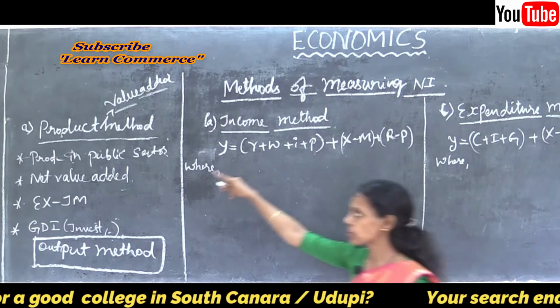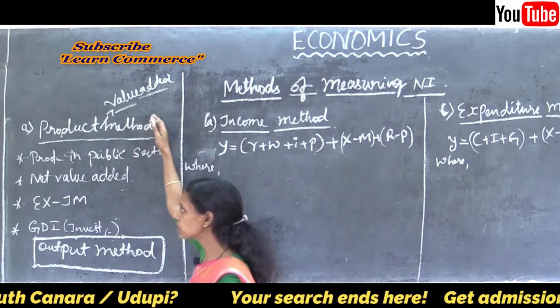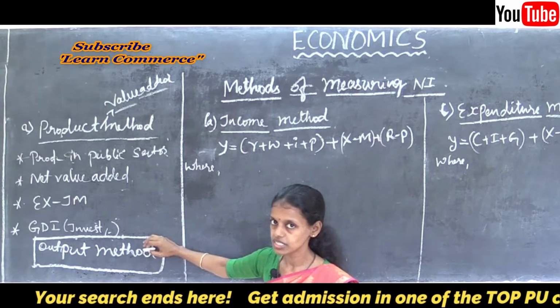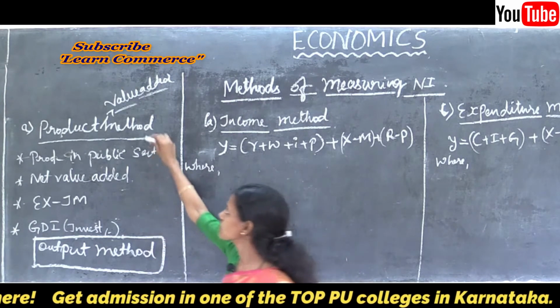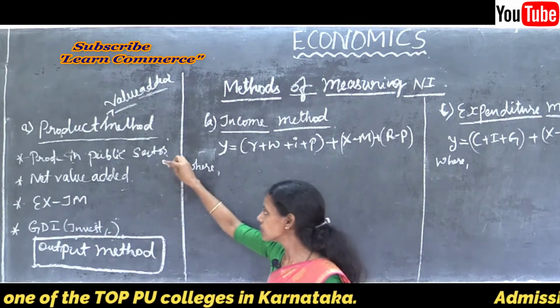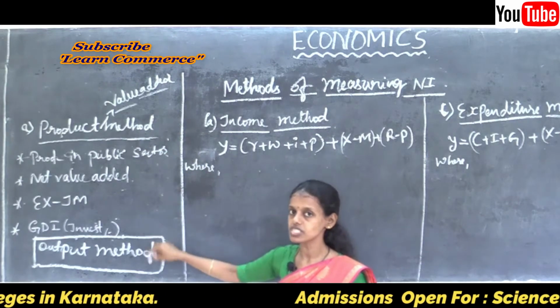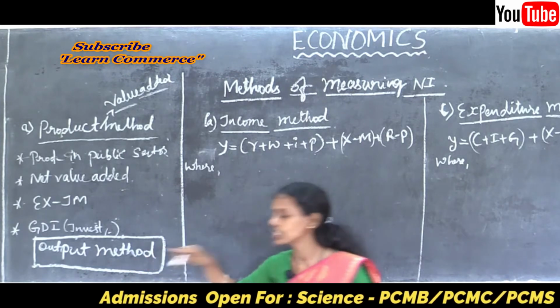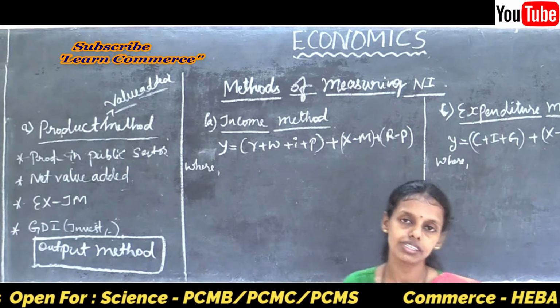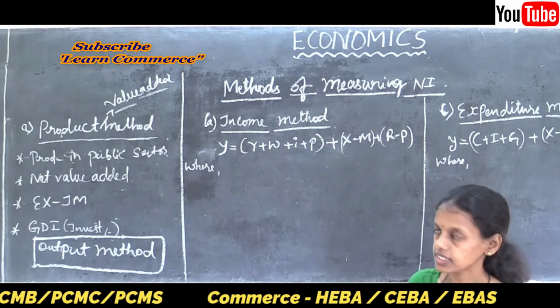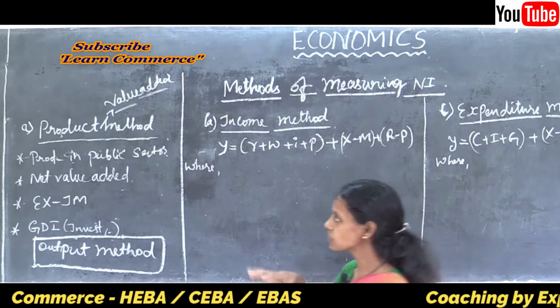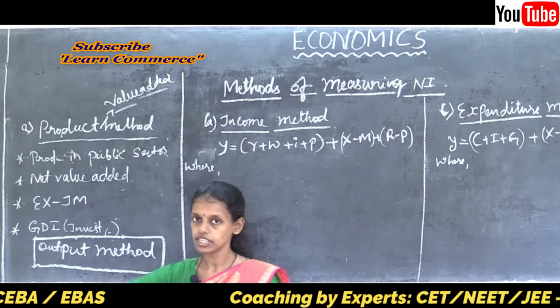Thus this product method adds all the values of the goods and services produced in the country. That's why it is called the value added method. All the final goods and services are taken, thus it is also said to be the output method. This is the first method to calculate national income.